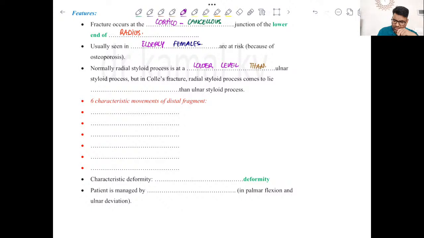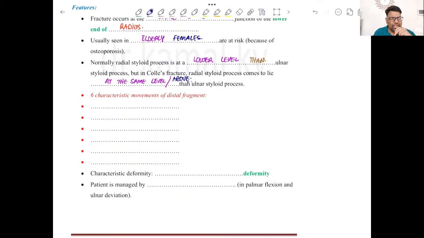So the radial styloid process comes to lie at the same level or at a point slightly above the ulnar styloid process. So either at the same level or even above, right? So you can remember like this. So this is how we can clinically get an idea whether it is fracture Colles or not.